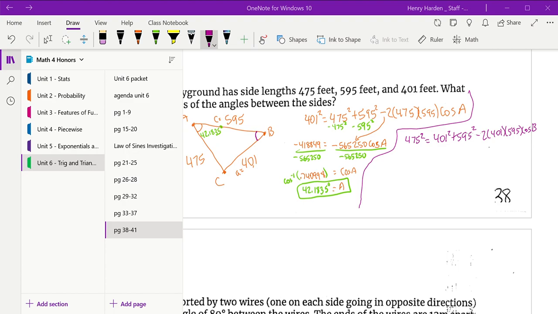And then we go through the same process, right? So we subtract 475 squared minus 401 squared minus 595 squared. Okay, we do that. And then we're going to divide by, now here, this is where you can get creative. Just type in the whole thing. So divide by 2 times 401 times 595.